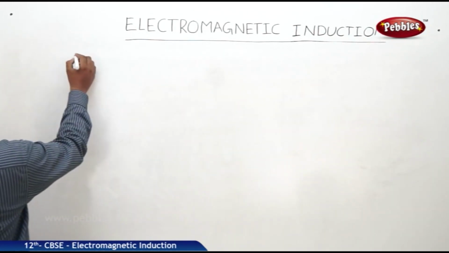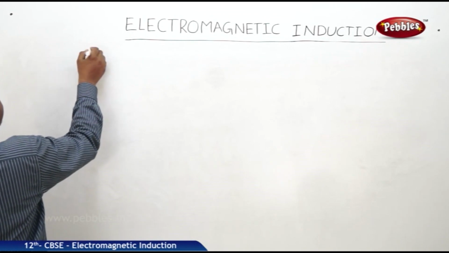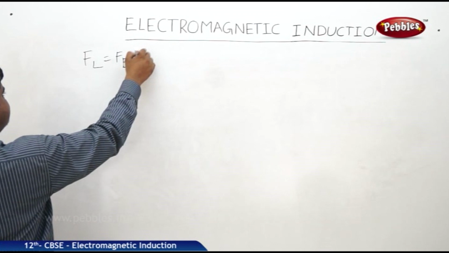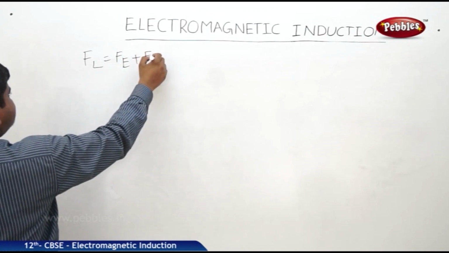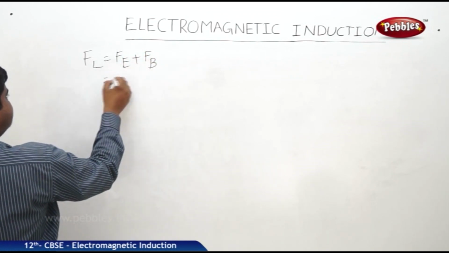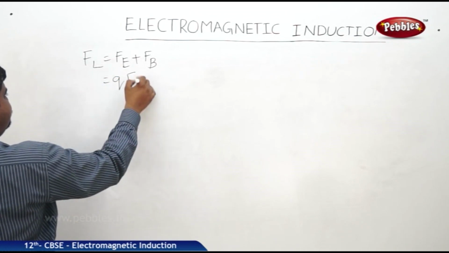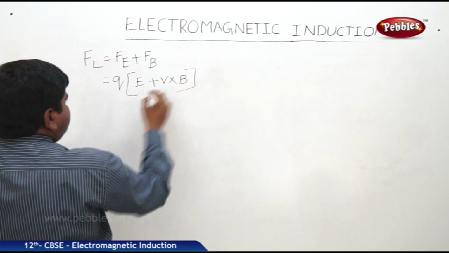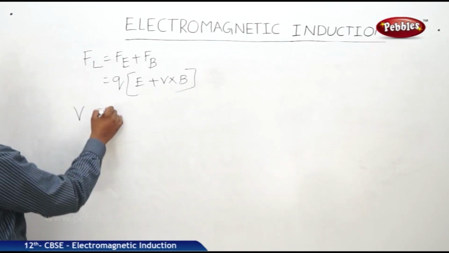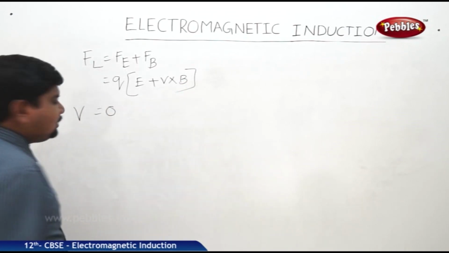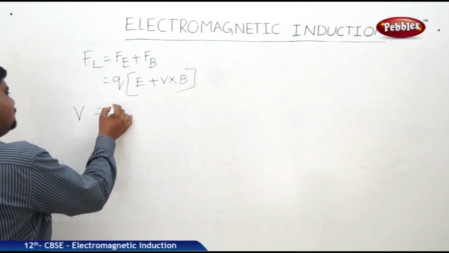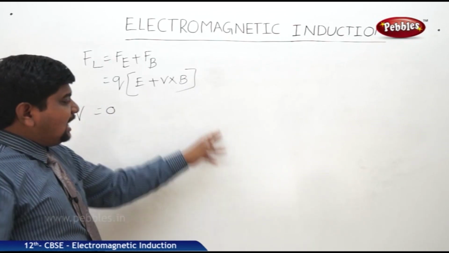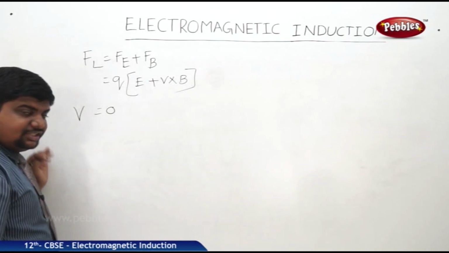So in case of Lorentz force, Q into E plus V cross B, if V is equal to 0, meaning velocity is 0, once a rod which is moved towards the other end, if that is acting like a closed loop, V is 0.